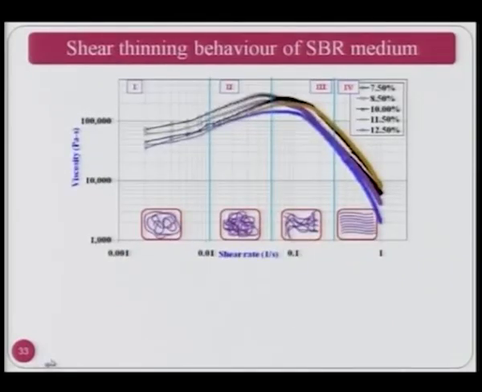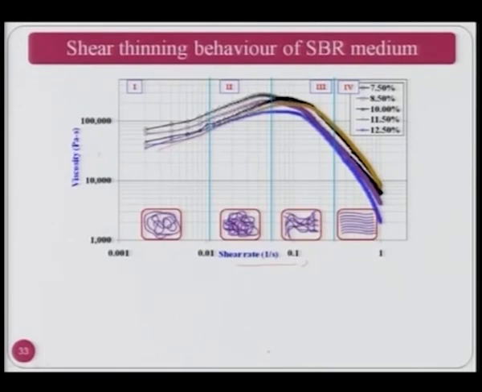Shear thinning behavior of SVR medium was evaluated, as I showed you in the earlier figure. Now here is the shear rate. As shear rate is increasing, viscosity of the medium is increasing to a large extent, because both the x-axis as well as the y-axis are on the logarithmic scale.